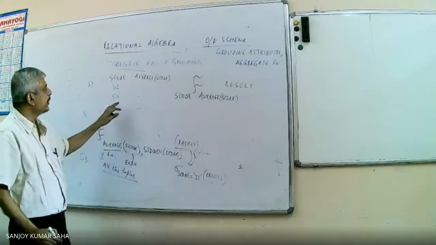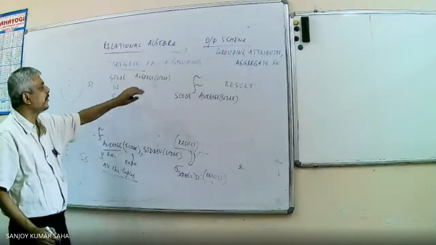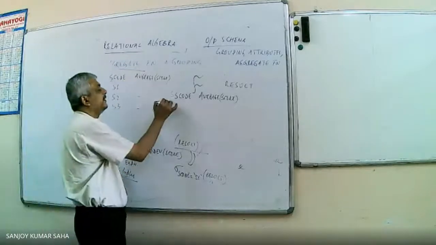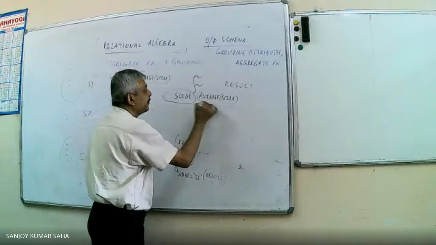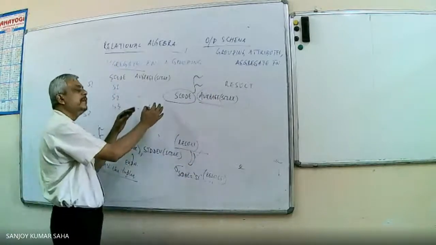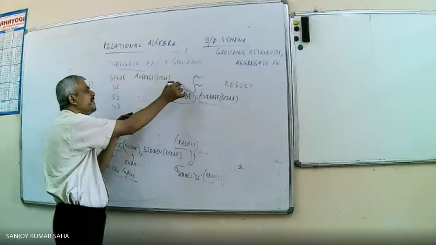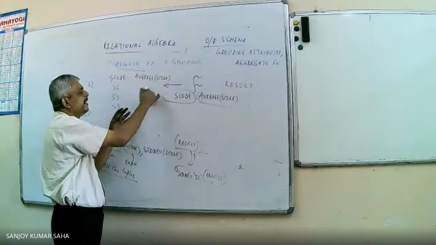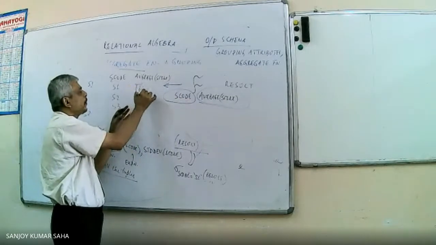These things will appear in the schema. And we can give them convenient names by assigning the result to a relation with proper naming of the attributes.